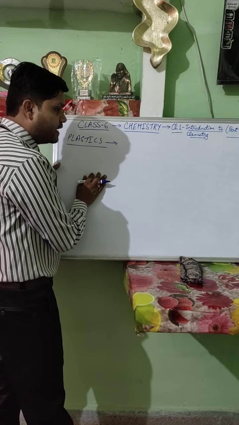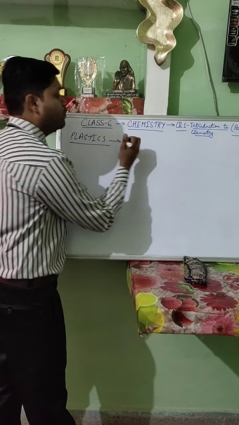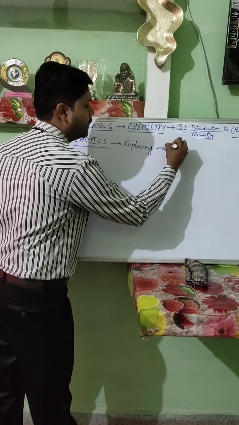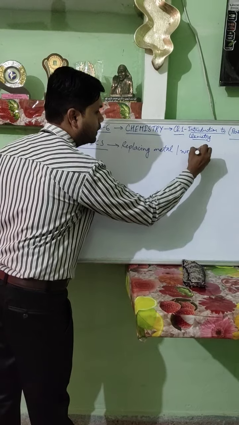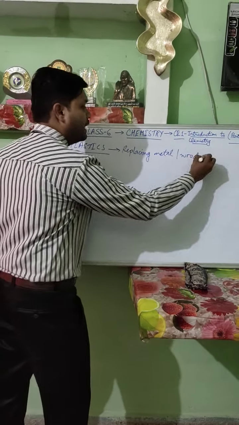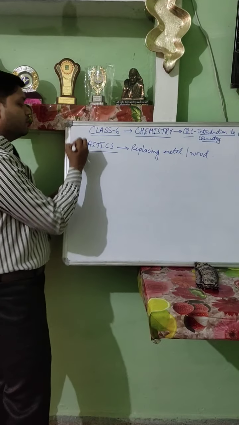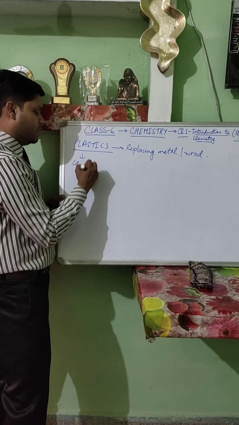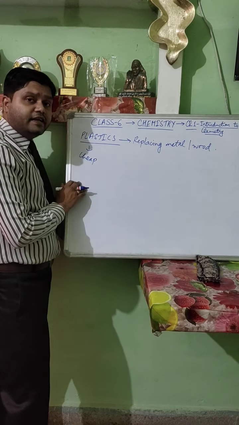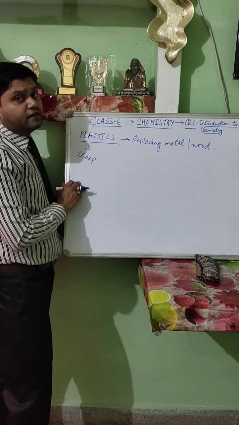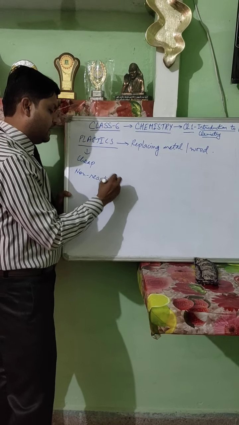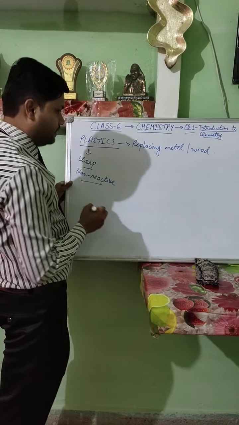It is mainly replacing metal and wood in every field. Why is it replacing them? Because plastic is cheap compared to metals, it does not corrode easily, and it is non-reactive in nature. That's why we are using plastics.